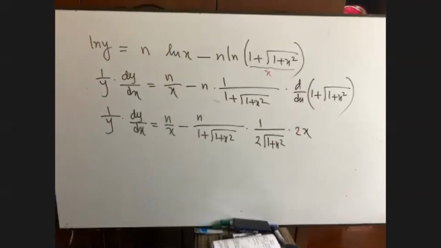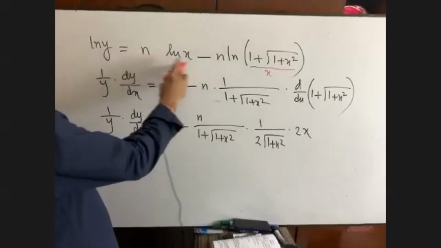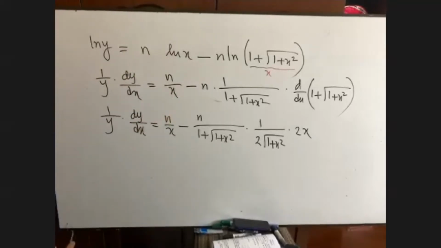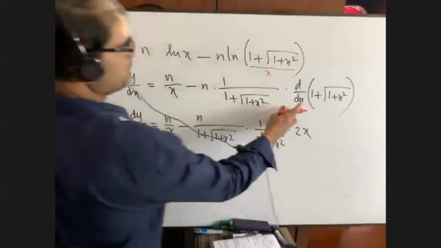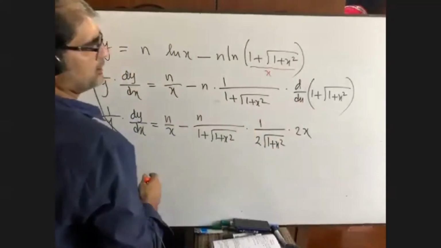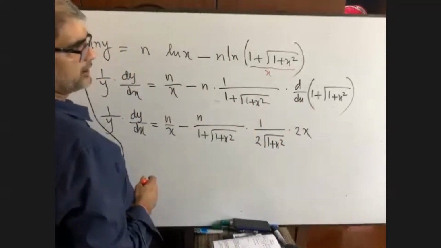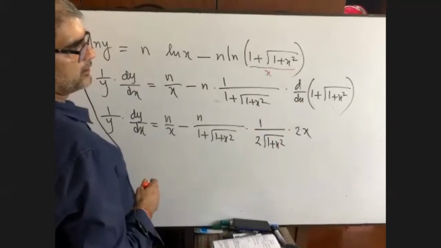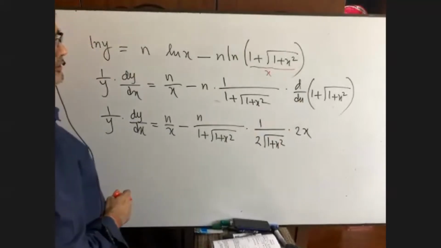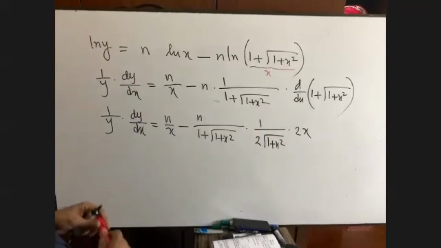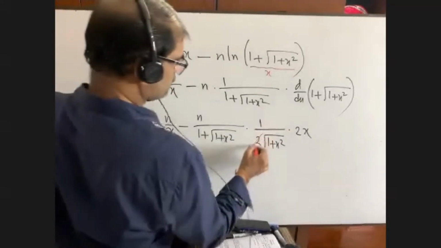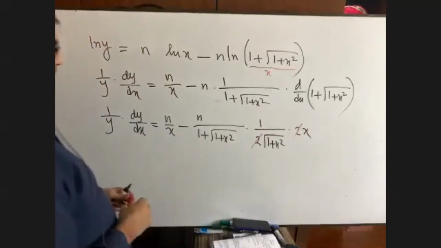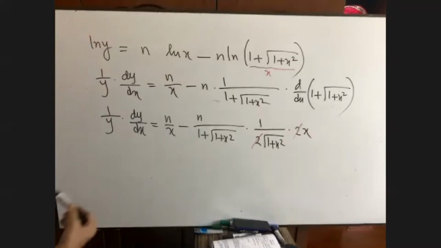Now you see, this 2 will be omitted. So what is dy by dx?